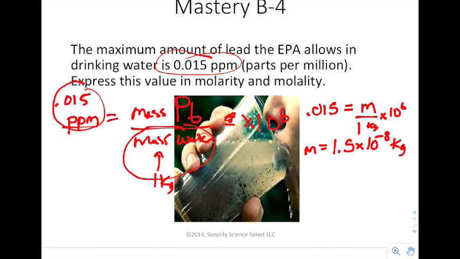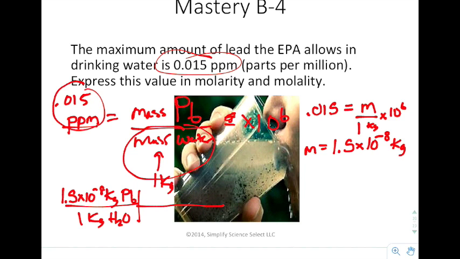Now you need to figure out that the 1.5 times 10 to the negative 8th kilograms of lead is in 1 kilogram of water. So if I want to figure out the molarity, or excuse me, the molality, the first thing I can do is say 1 kilogram of lead is 1,000 grams of lead.